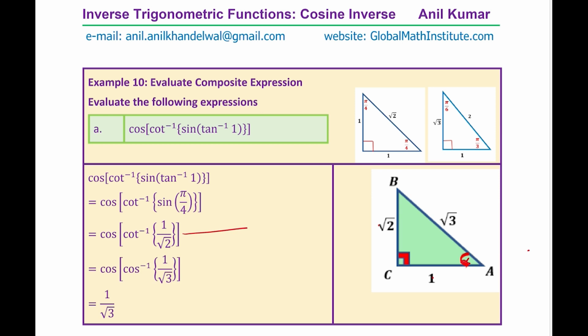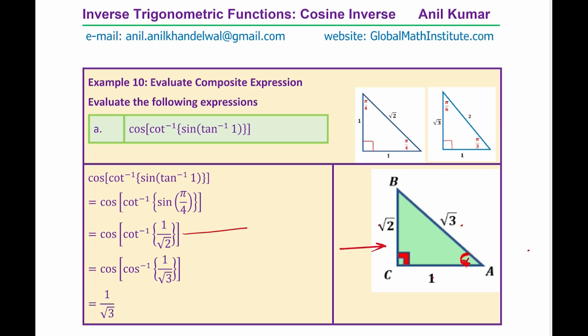Then we can make the next triangle, and looking into this triangle, we can find cos of this, right? So from here, cos is 1 over square root 3. So the answer is 1 over square root 3. You could do it like this, or you could go with the triangle as I explained to you. Is that clear to you? So that is how we can solve this particular question.